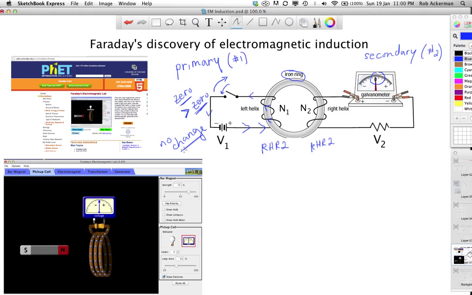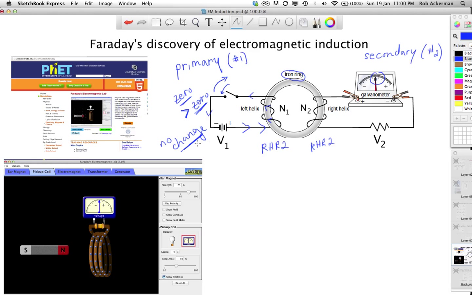In other words, it changes. And therefore, that changing magnetic field is redirected through the secondary helix, and that leads to a change, which is the same as moving this magnet in the PhET simulation. So Faraday's setup is really just the electric circuit version of the PhET simulation.